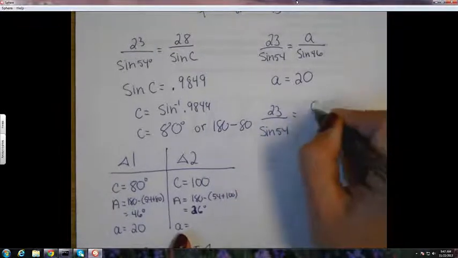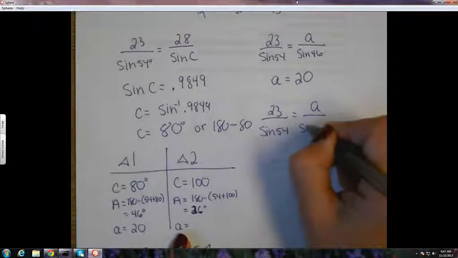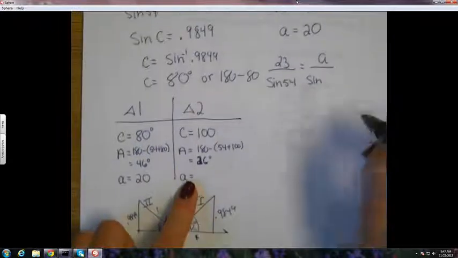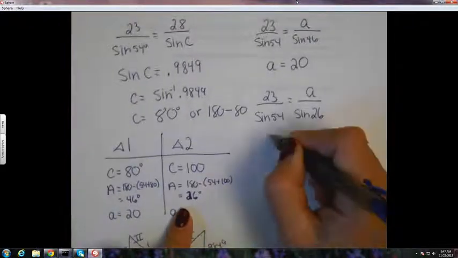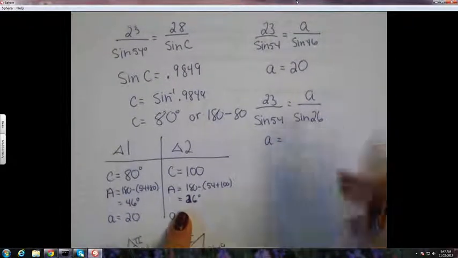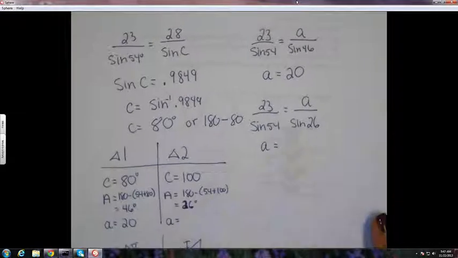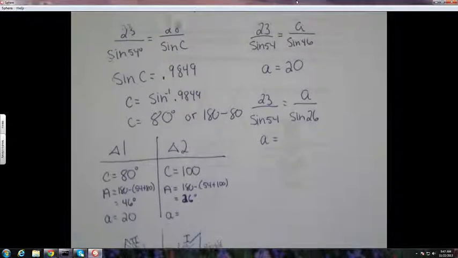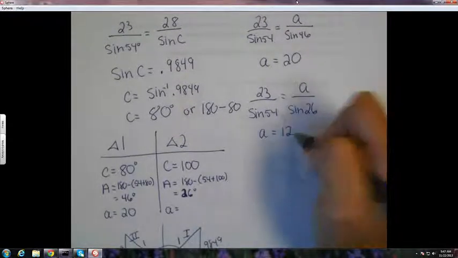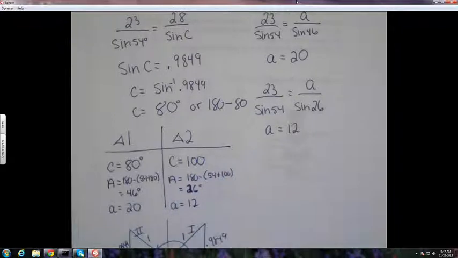Little a over sine of 26 this time. It's across from the 26 degree angle. So 12. So that one did have 2 triangles.